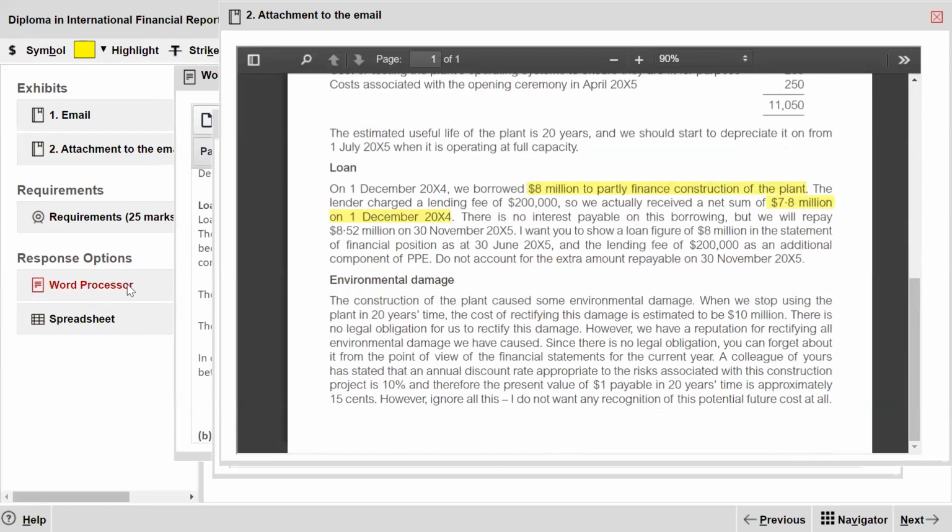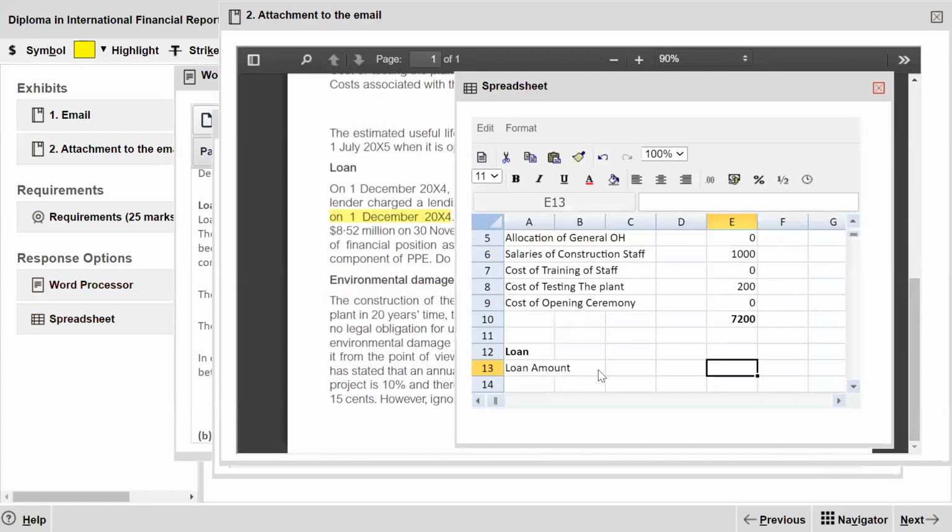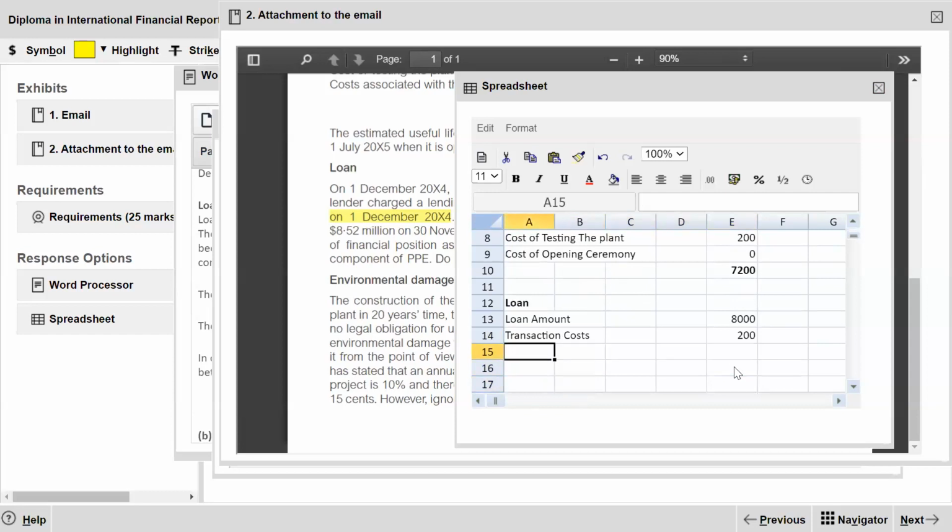And we are working in terms of thousands, so the loan amount is 8,000. And the transaction costs are gonna be 200, so the net amount is gonna be 8,000 minus 200, 7,800. The redemption amount is 8,520.